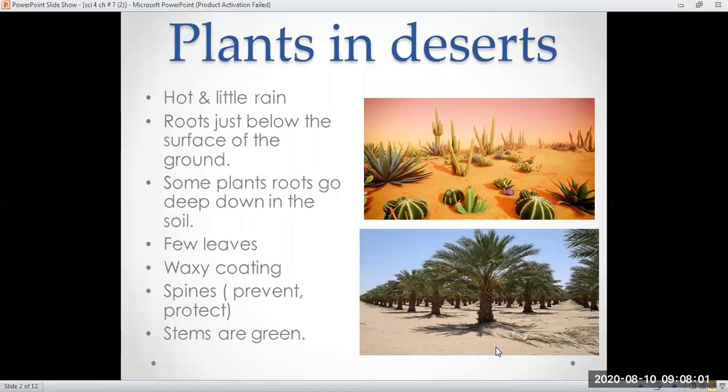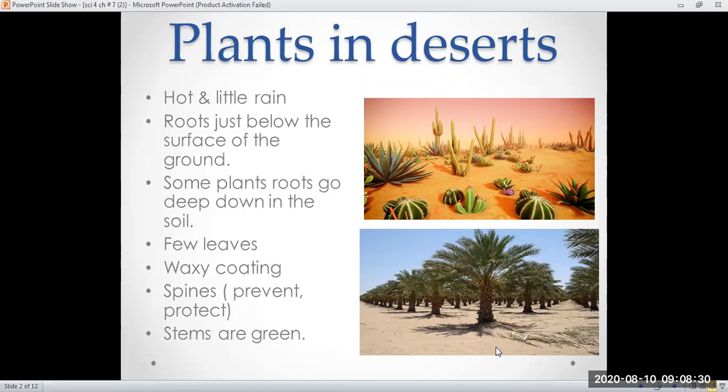In some desert plants, the roots are just below the surface of the ground, they are not penetrating deep into the soil. In some desert plants, the roots go deep down. So in some plants the roots are on the surface, and in some plants the roots are deep down.